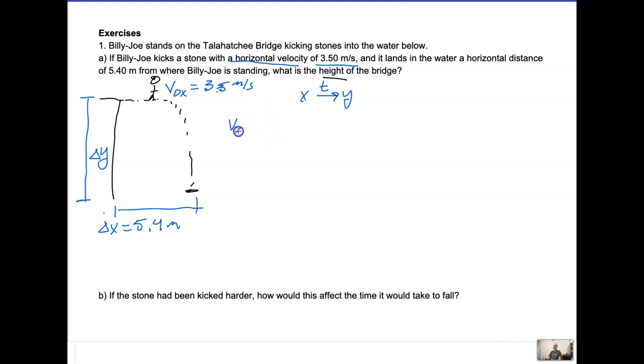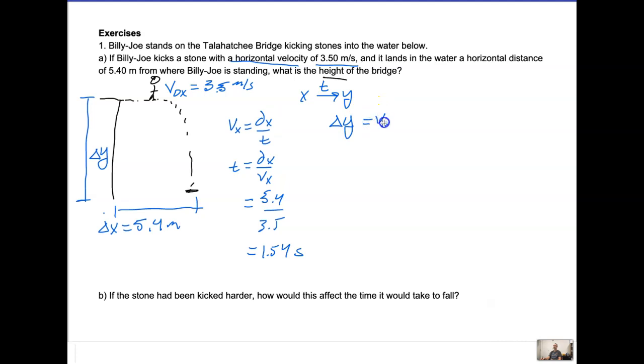We know that velocity in the x is equal to the distance in the x divided by the time. So time is equal to distance in the x divided by the velocity in the x. Let's plug everything in. That's 5.4 divided by 3.5, and you get 1.54 seconds. Now that I have the time, I can use my equation for the acceleration in the y direction.